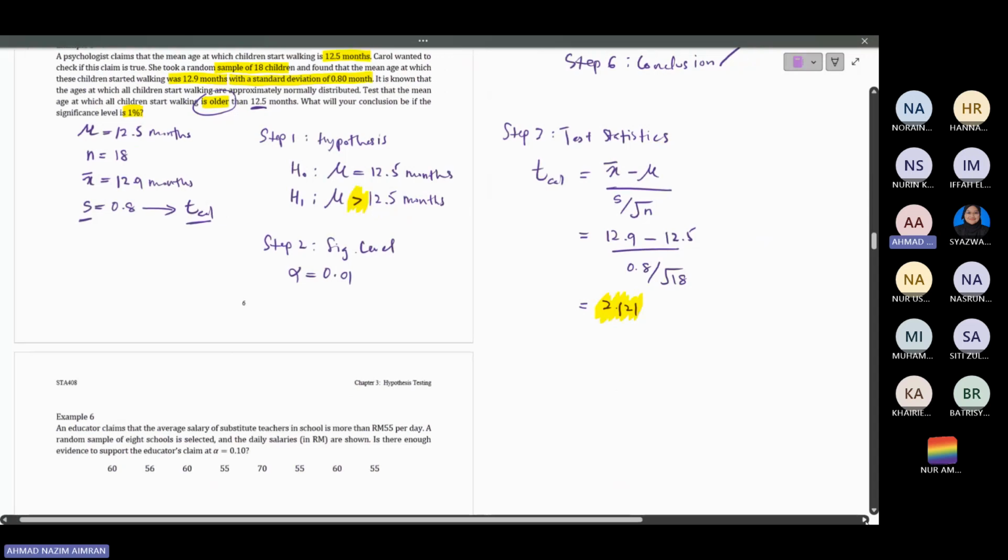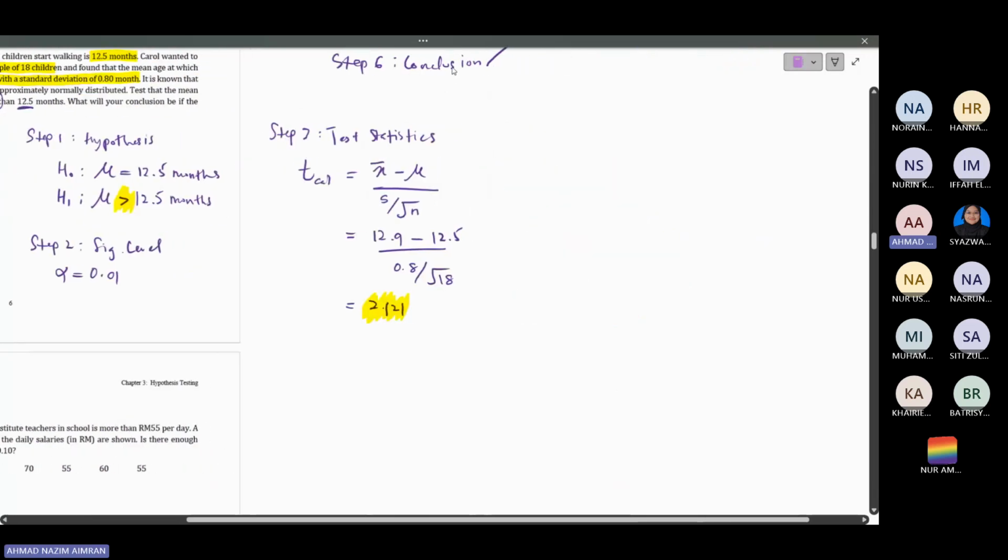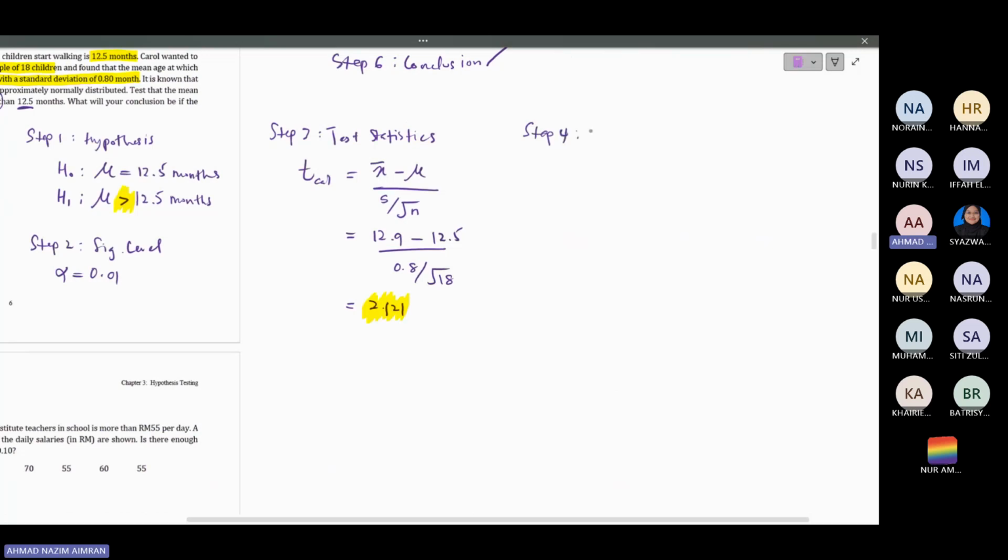test statistics done. And step 4 is to find the critical value, which is the T critical value. It is not the Z critical value because we calculated the T cal, not the Z cal.